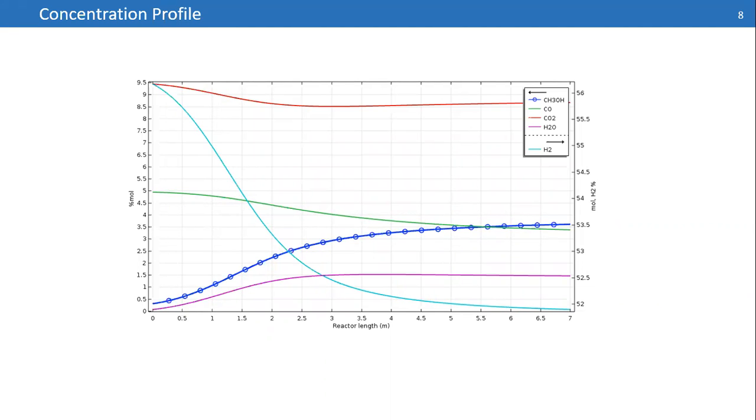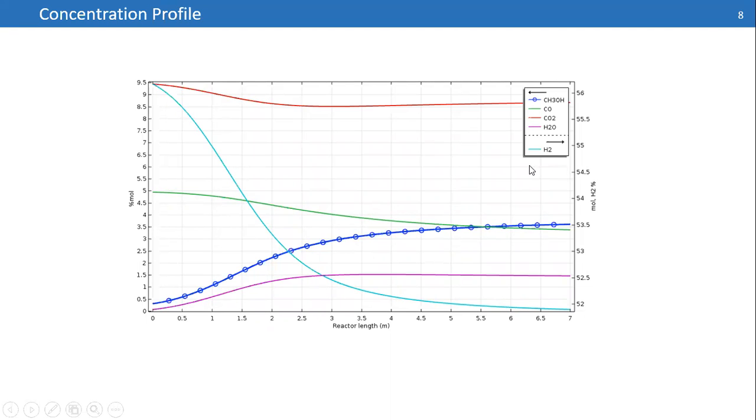And it's very practical for having a more uniform temperature distribution in this type of reactor when we have a bunch of tubes rather than a big reactor.